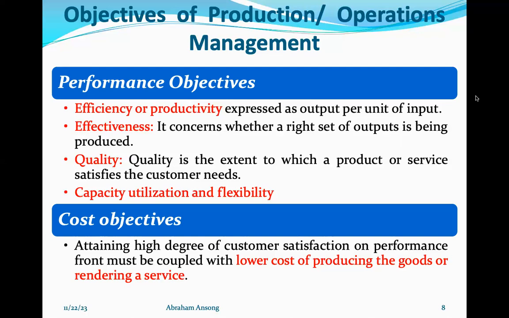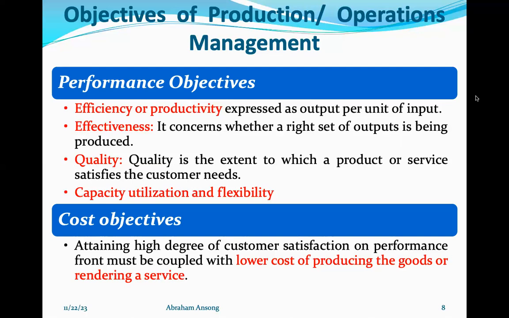Then we have the cost objectives aspect. So attaining high degree of customer satisfaction on performance fronts must be coupled with lower cost of producing the goods or rendering a service. Okay, so it's closely related to efficiency, but this time around, the cost aspect is more of the finances, where we don't want to spend so much money in producing something.